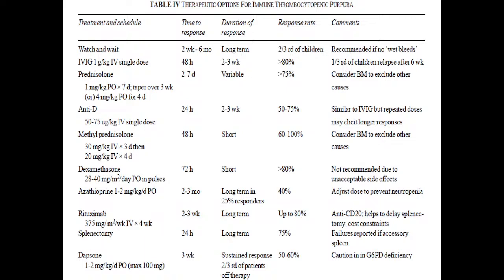So, time to respond 2 to 7 days, duration of response variable, response rate 75%. Consider bone marrow to exclude other causes before steroid, because steroid may act in leukemia also. If you have not evaluated properly and it is leukemia, then leukemia may go into partial remission, and steroid is a very good component of treatment in leukemia, and we will lose that component.